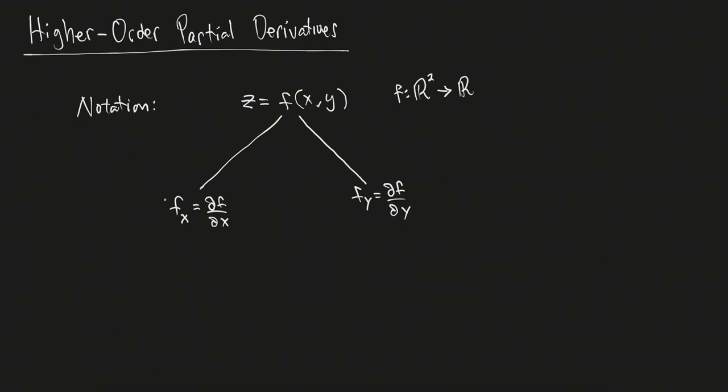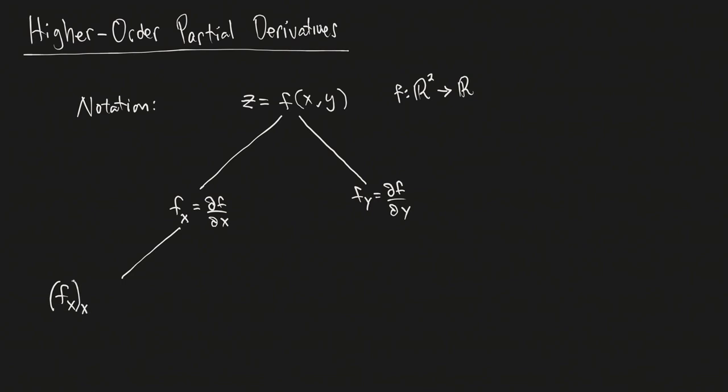So let's say we wanted to indicate taking this function, which is our first partial with respect to x, and then differentiating a second time with respect to x. So I would take this function and differentiate it again with respect to x.